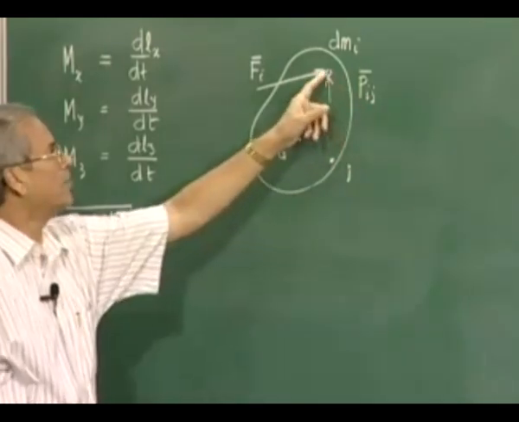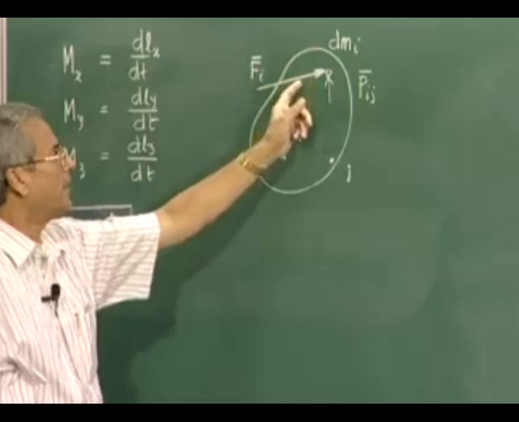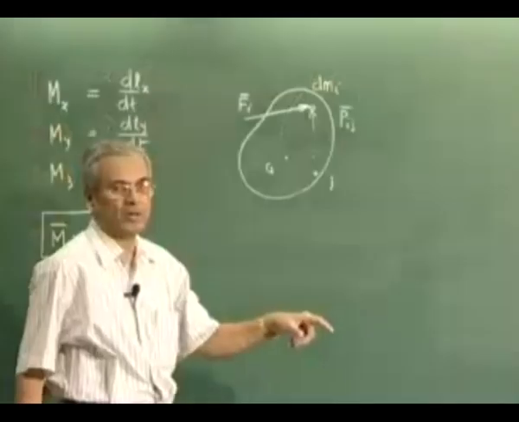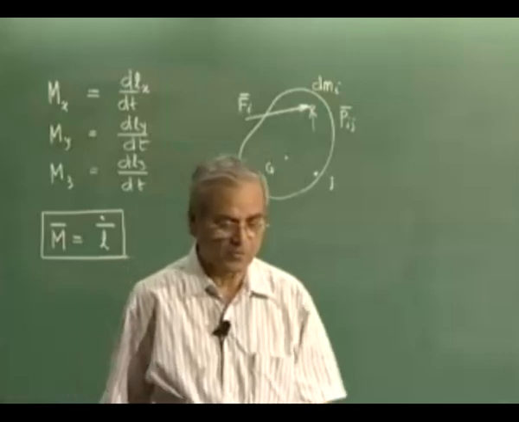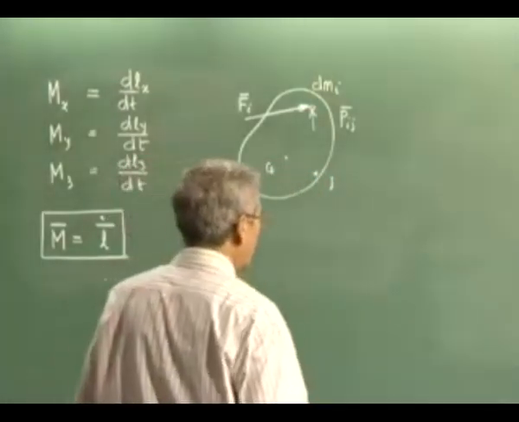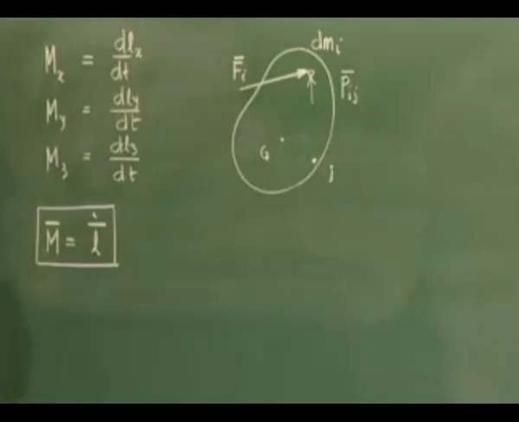So here, to get the total force on this ith particle, we have to sum it up for all the other particles of the rigid body, that is j goes from 1 to n except i, because one particle cannot exert force on itself.